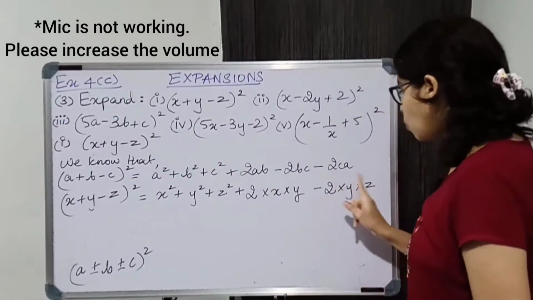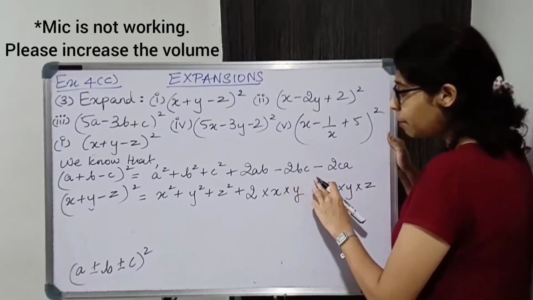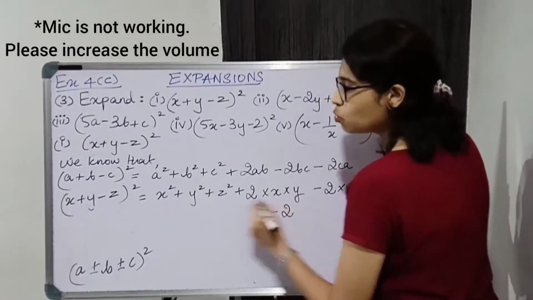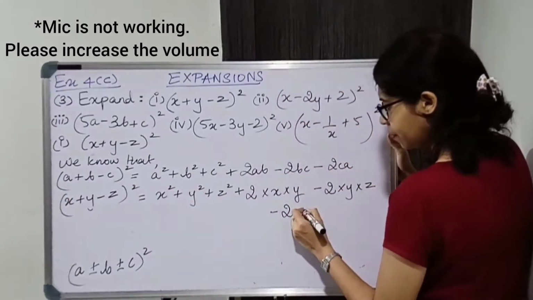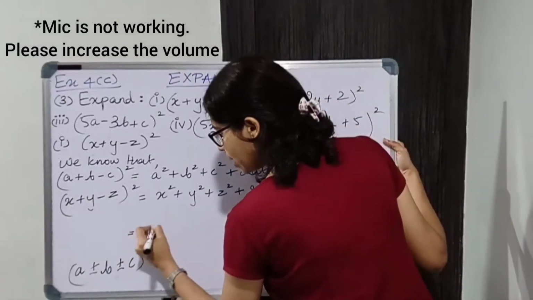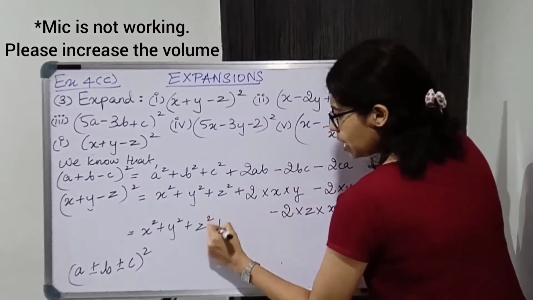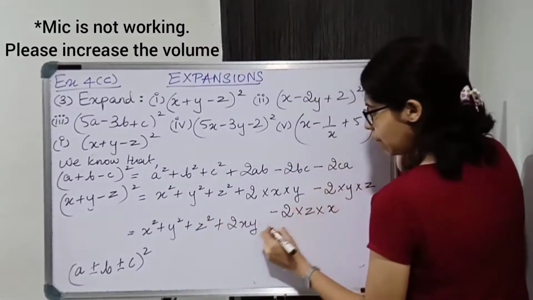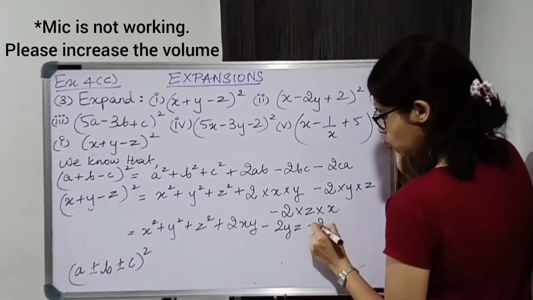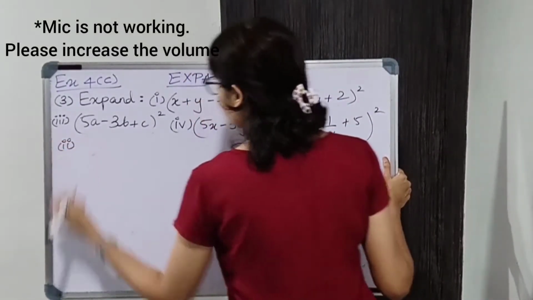So put z only, don't put minus z. Minus 2bc, minus 2ca. That is z into x. ठीक है? So x square plus y square plus z square plus 2xy minus 2yz minus 2zx.